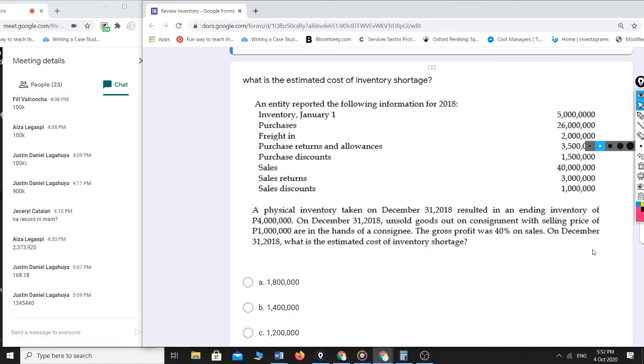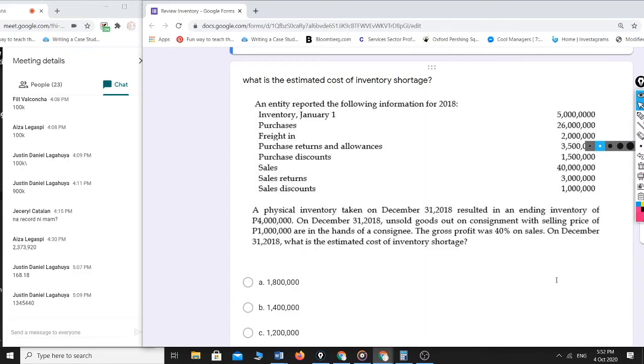There are a lot of cases when the company may estimate their inventory cost. The first one is when there is a fire or similar loss. So that is the first case where we need to estimate.